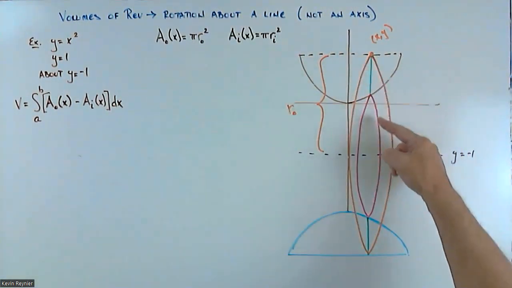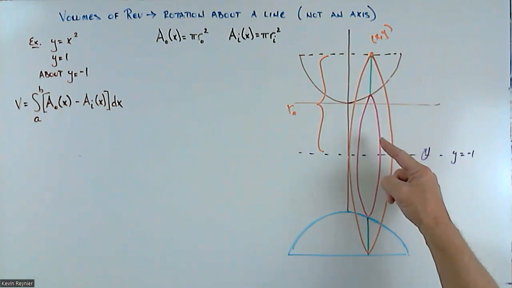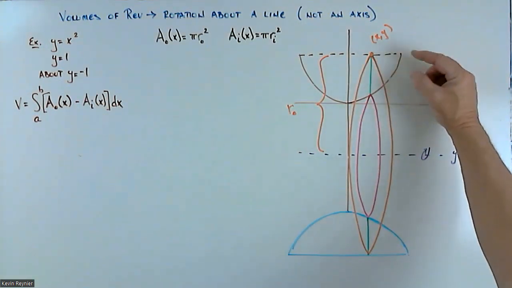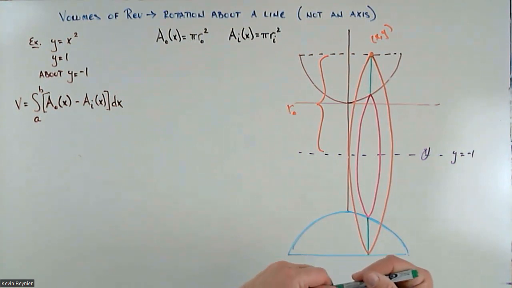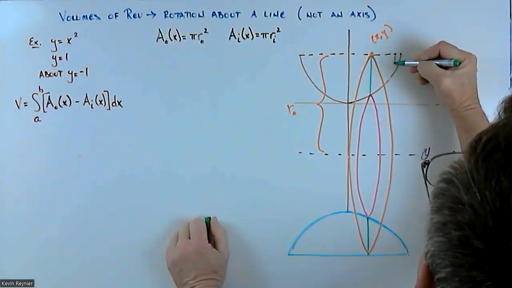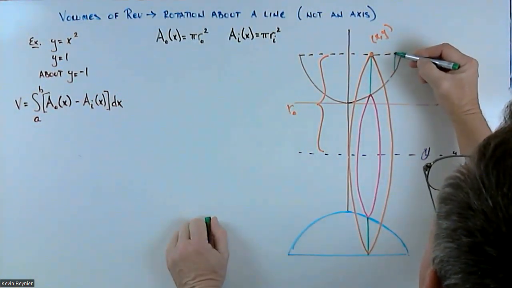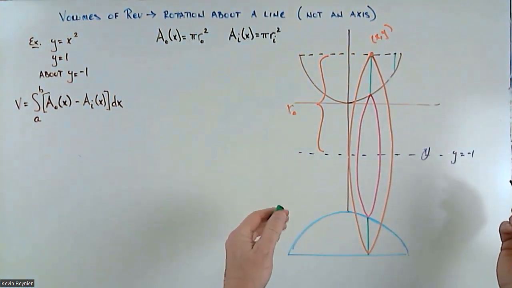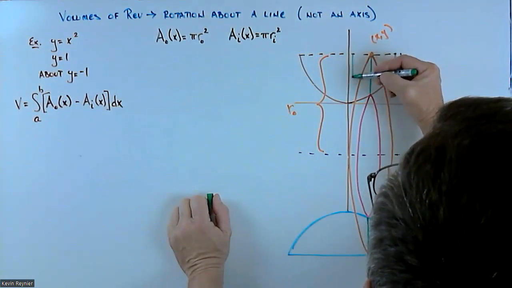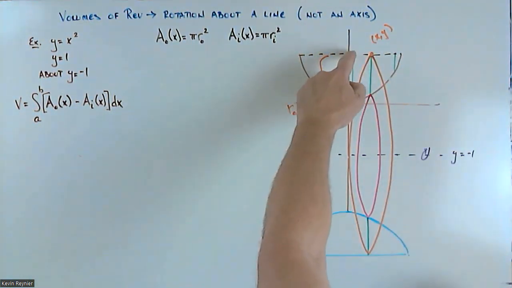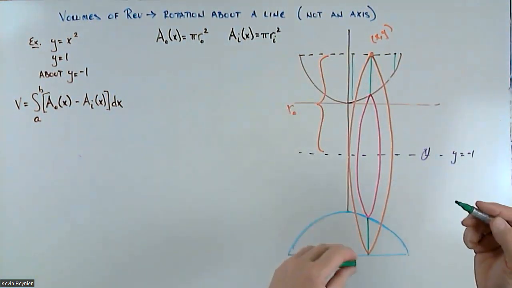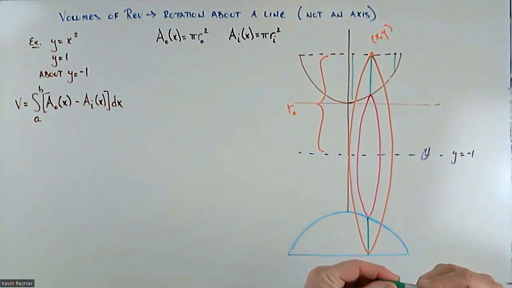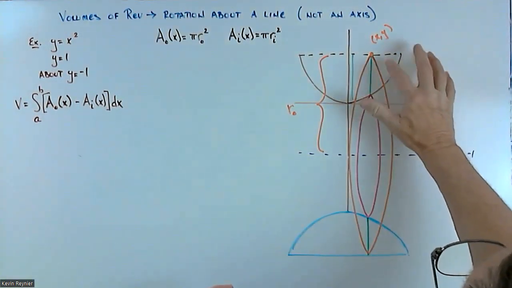It does not matter where I draw this slice, this green slice, no matter where I draw it, I'm going to draw these and then erase them. But if I draw it here, the radius is going to go from this point to this line. It's going to be the same distance. If I draw it here, the radius is going to go from this point to this line because they're both horizontal lines. That distance is going to be a constant.